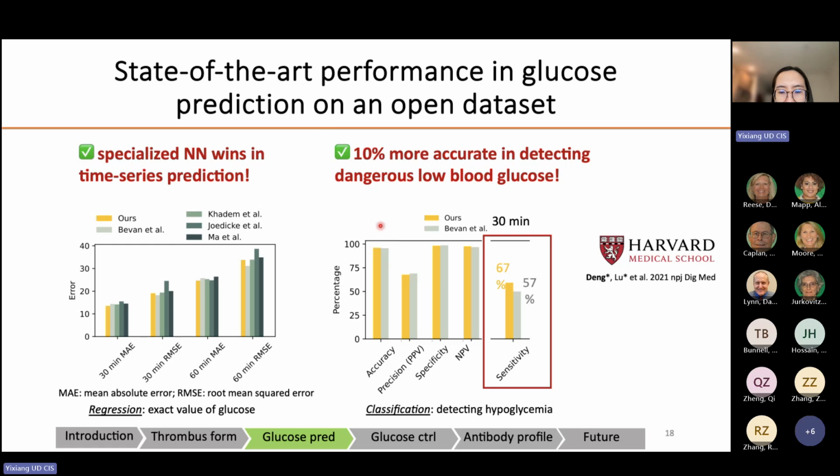If we further zoom into a classification problem, specifically detecting hypoglycemia, which is very critical, and compare our results to the second best model, we find our model has a much higher sensitivity in 30 minute prediction, and shows better results.